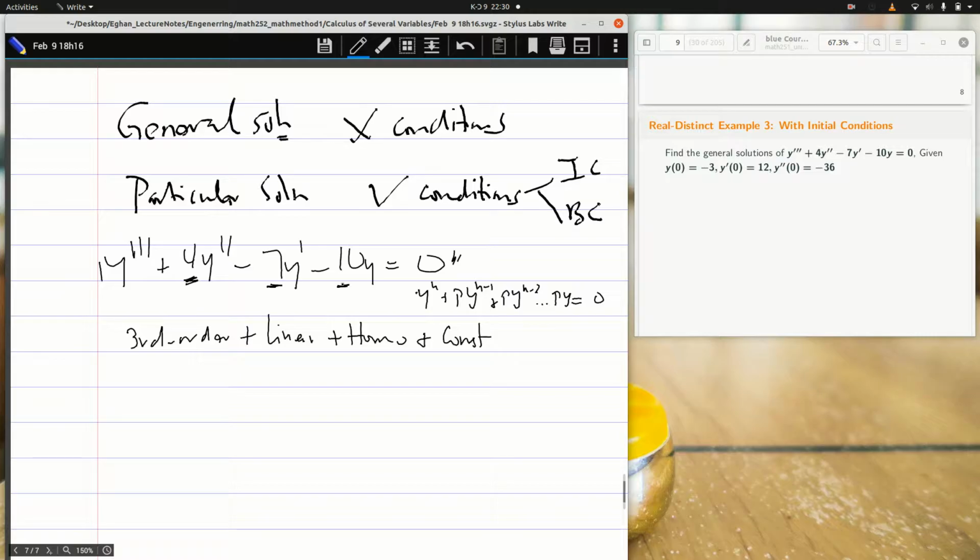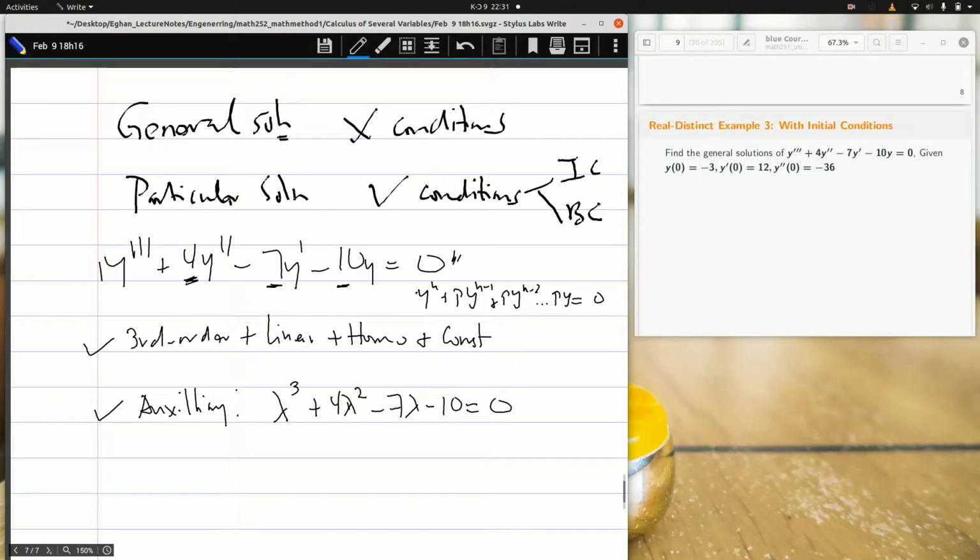In using the root solution, I'll simply have the auxiliary equation. The more you work these things out, you get to know a pattern, that it will just be a simple substitution of the powers. Lambda cubed plus 4 lambda squared minus 7 lambda minus 10 should be equal to 0.